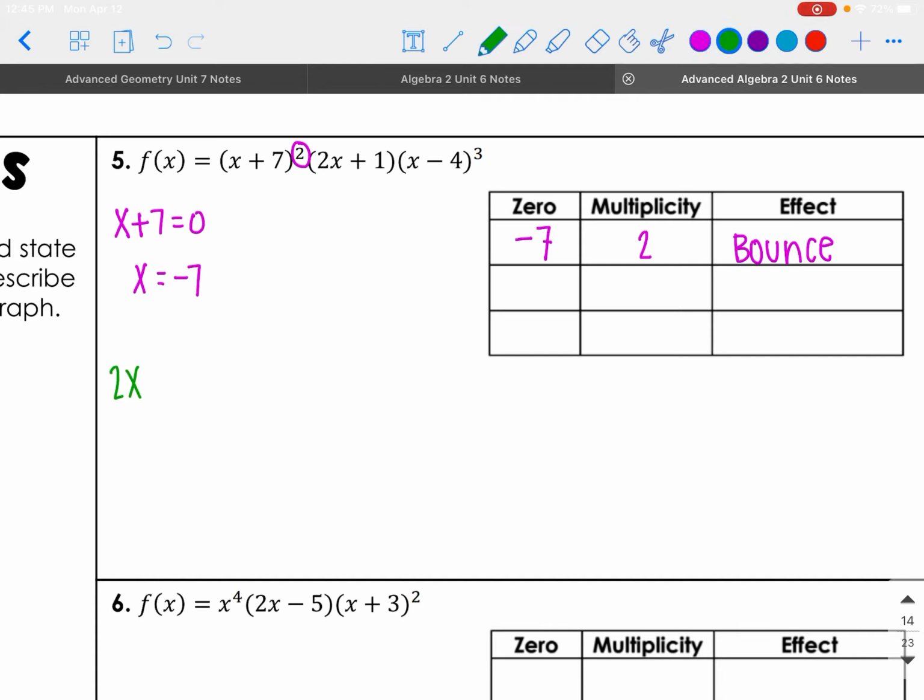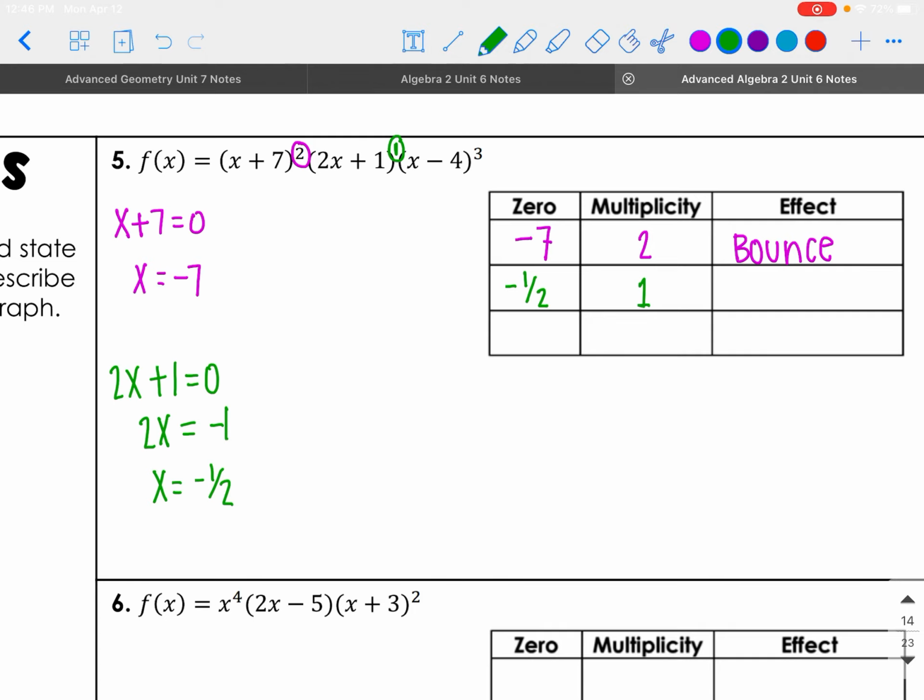Then we have 2x plus 1 equals 0. So if we subtract 1, we get 2x equals -1. And then when we divide by 2, we get x equals -1/2. Now I don't see an exponent, so we assume it's a 1.